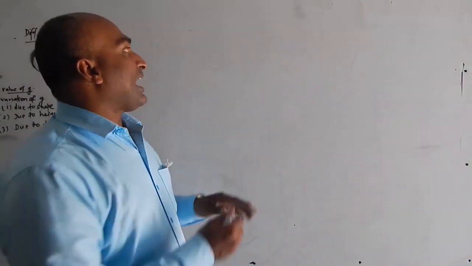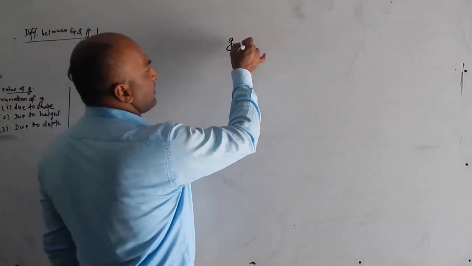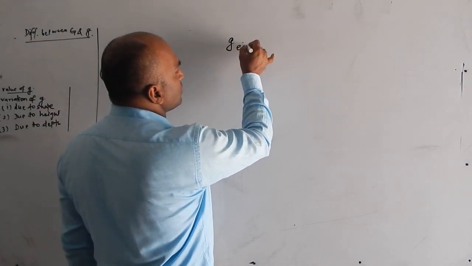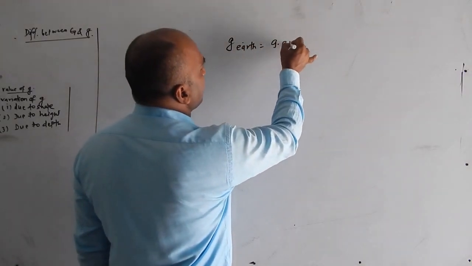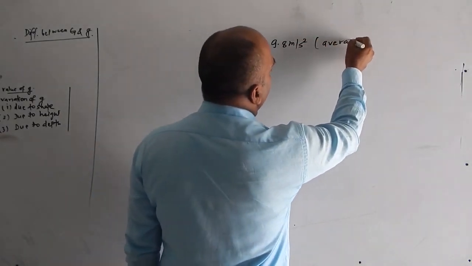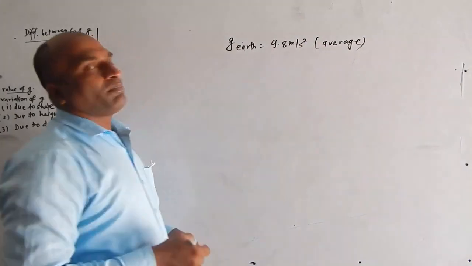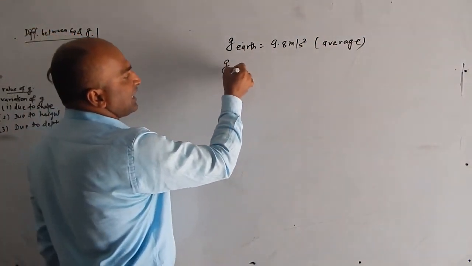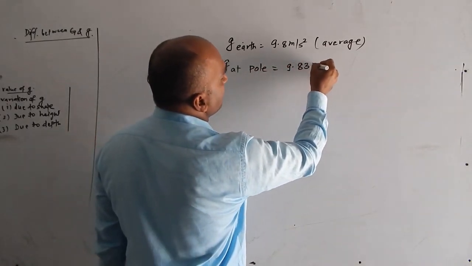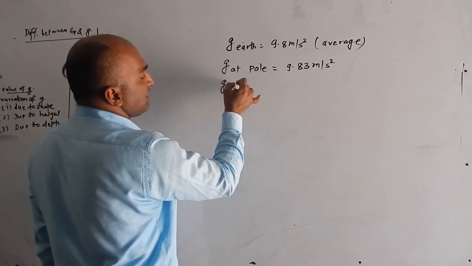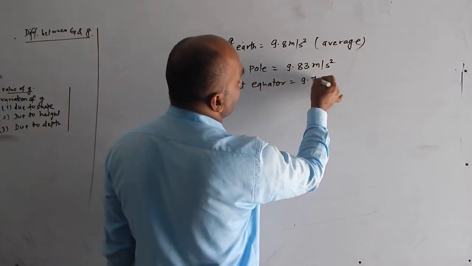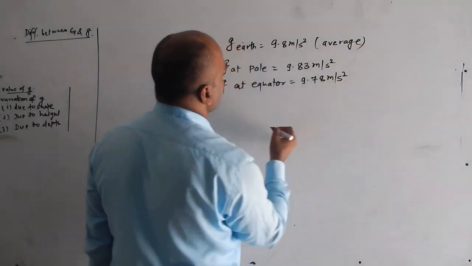The value of acceleration due to gravity on the surface of the earth is taken to be 9.8 meter per square second on average, and its value varies from place to place. G at the polar region of the earth is taken to be 9.83 meter per square second, and G at the equator is 9.78 meter per square second.